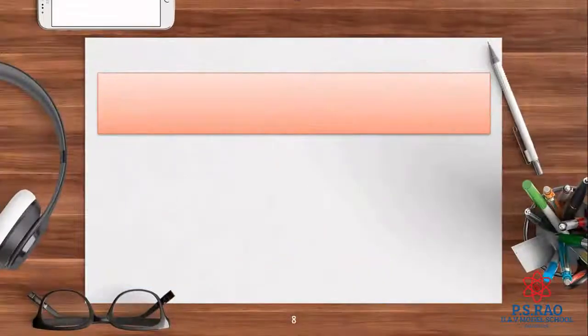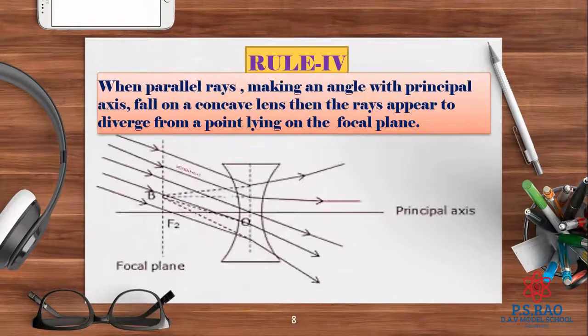Rule 6. When parallel rays making an angle with the principal axis fall on a concave lens, then the rays appear to diverge from a point lying on the focal plane.